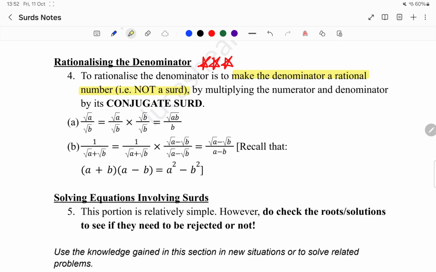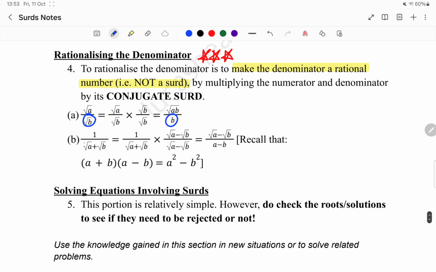Looking at part A, we start off with a root B, but in the end the denominator is no longer a square root. Likewise for part B, the denominator has square roots, but eventually when we rationalize it, the denominator will not have square roots anymore. So that is why we rationalize.